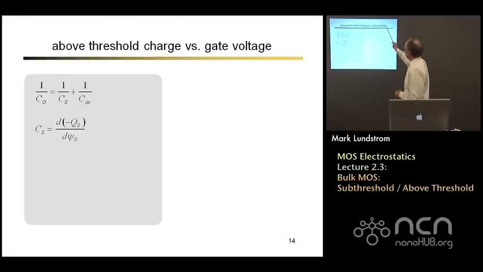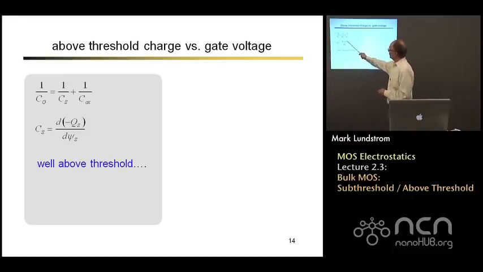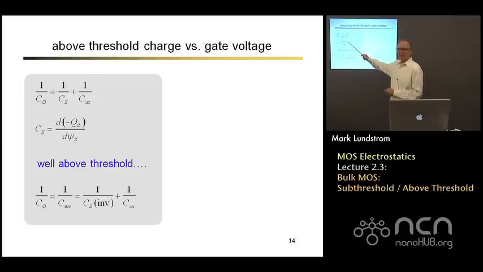Okay, so we're trying to understand the above threshold charge versus gate voltage. We understand that the gate capacitance is the series combination of the semiconductor and oxide capacitances. We have a definition of the semiconductor capacitance. Well above threshold, the charge in the semiconductor is all inversion charge. That means that the slope of the line that we've been trying to determine is just given by 1 over the gate capacitance.